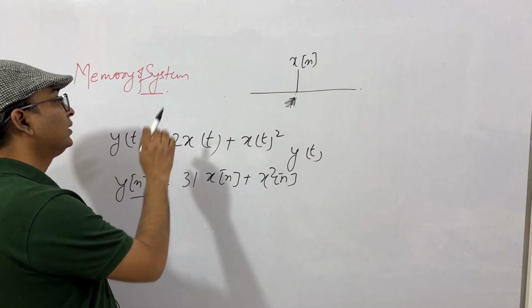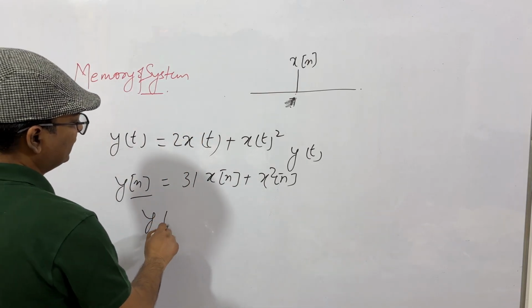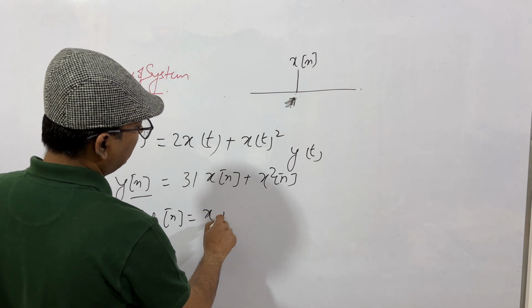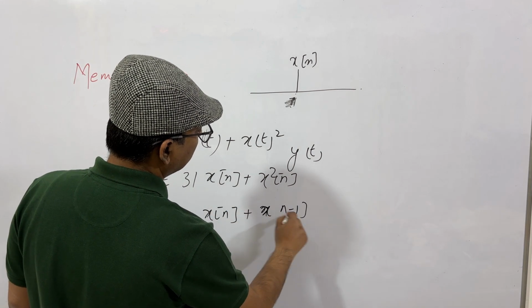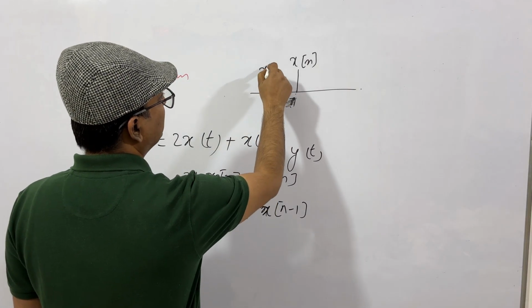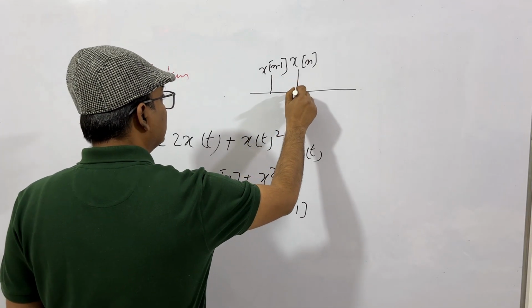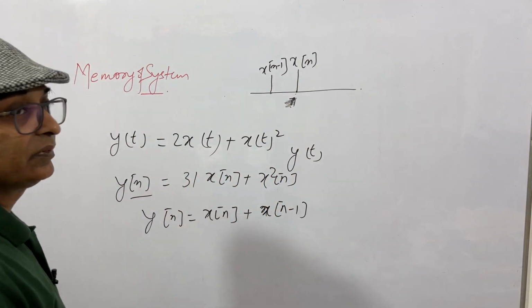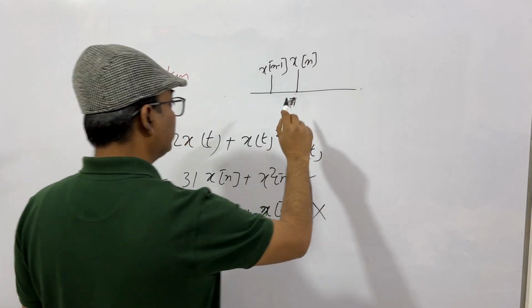So this is called a memoryless system. Clear? But if y[n] is equal to x[n] plus x[n minus 1], then it is dependent on the value of this and this also, that is the previous value also. So this is not memoryless, but the earlier one is memoryless.